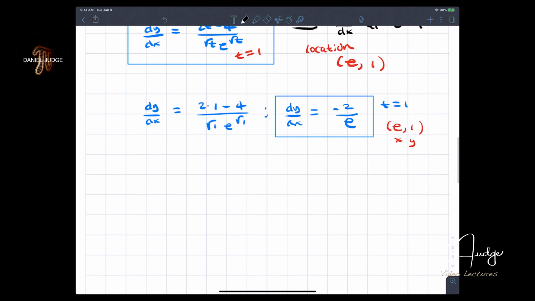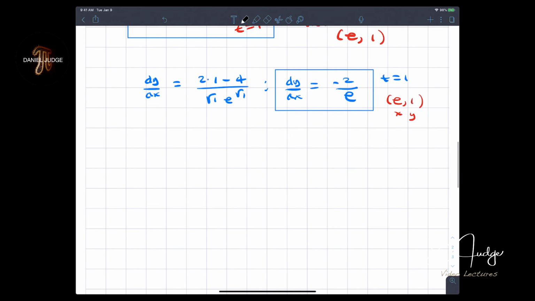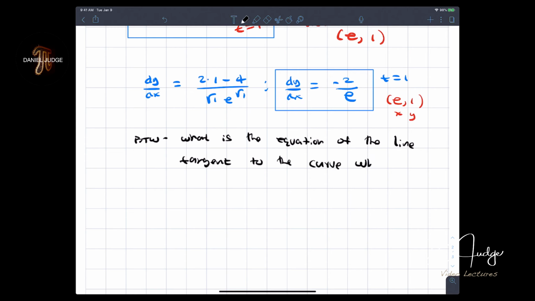And they can say, by the way, what is the equation of the line tangent to the curve when t is 1? Here's a nice by the way statement.